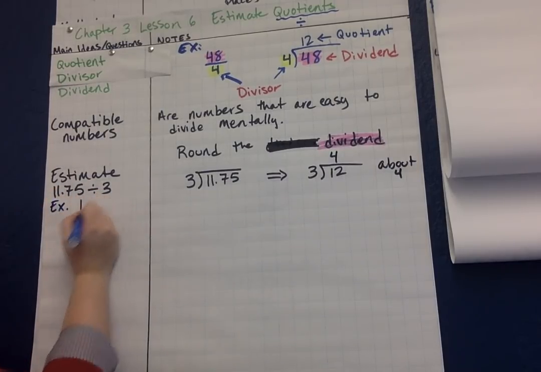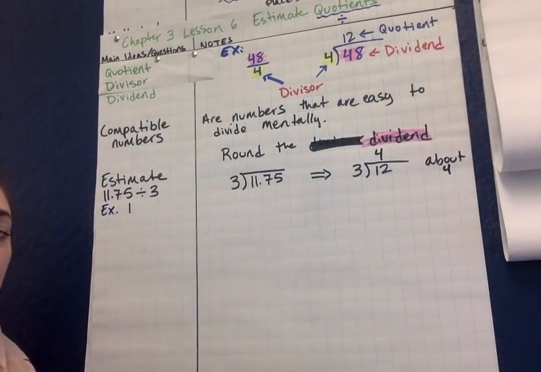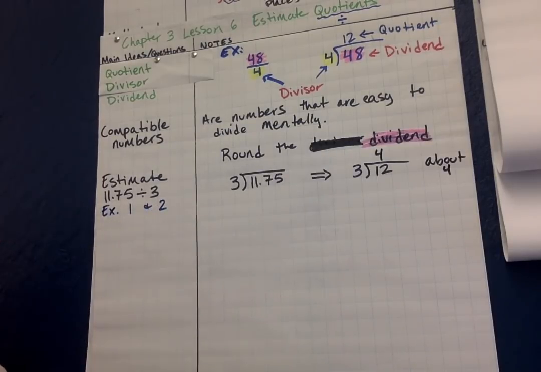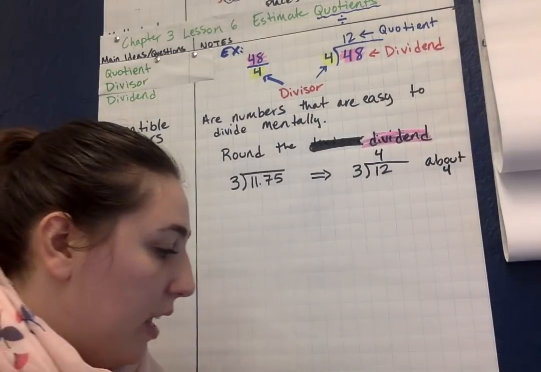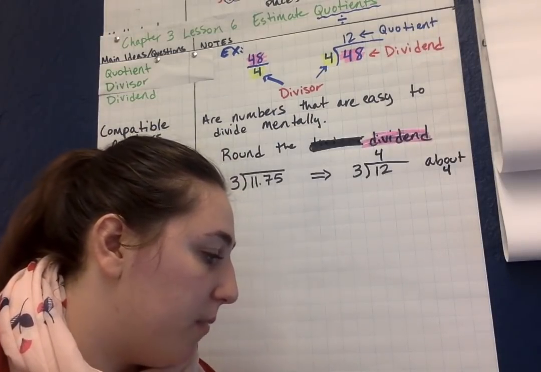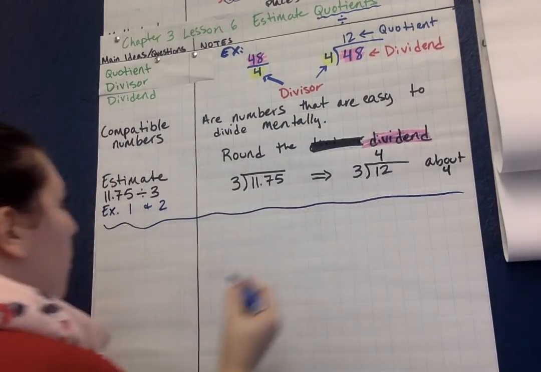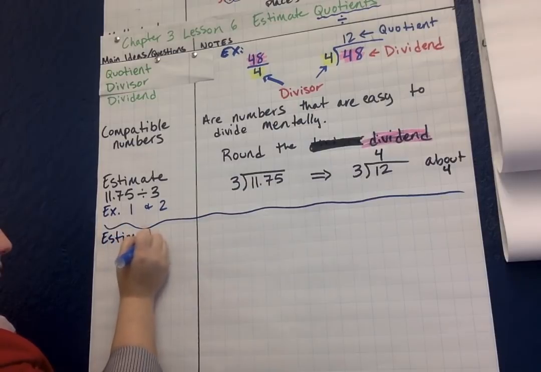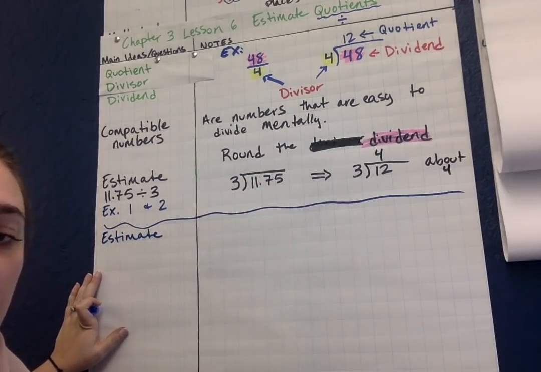Now, this was from example 1 in the math book, and also example 2 in the math book, they are both having you round the dividend and then estimating the quotient. Let's try one where you're going to estimate another problem, but you're going to round the divisor.